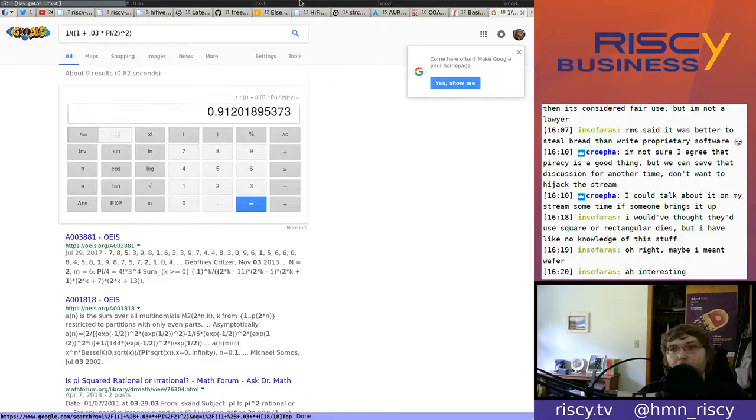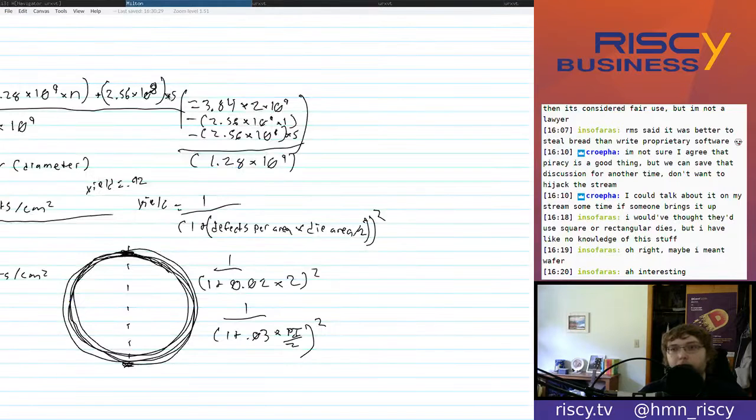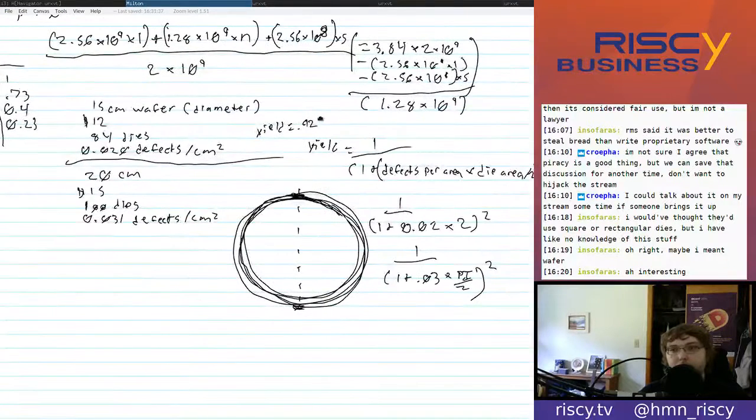So 0.91. So those are my answers for the first part of this problem.